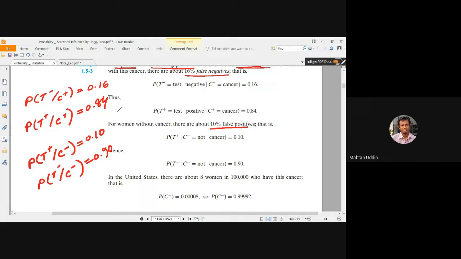That is, if there is cancer, the test is 84% accurate. And if there is no cancer, then how accurate is the test? 90%. For the positive case, 84% accuracy, and for the negative case, 90% accuracy. Do you understand?